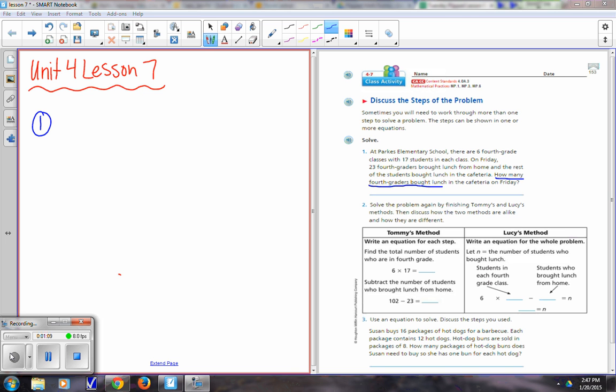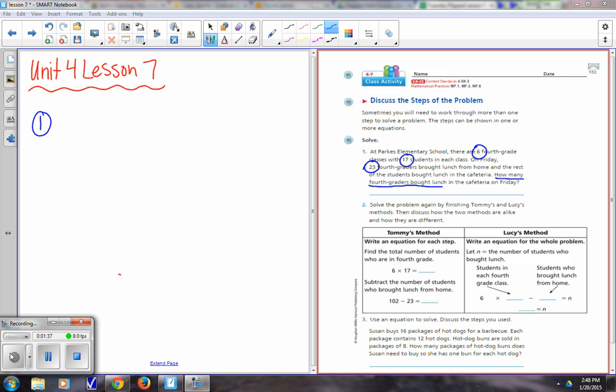Well, I need to know how many fourth graders there are first, right? If I want to take away that 23 fourth graders right here, I need to know how many fourth graders I'm subtracting 23 from first. So the very first step in this problem is going to be 17 students. There's 6 fourth grade classes with 17 students in each class.